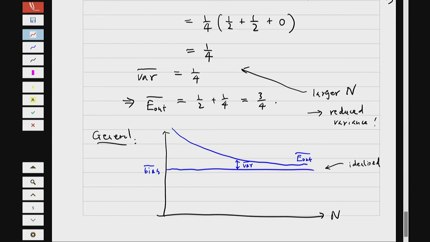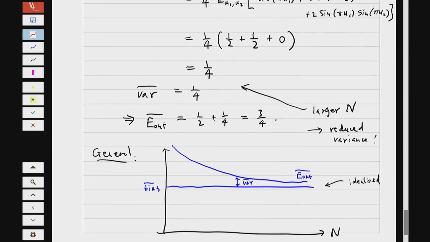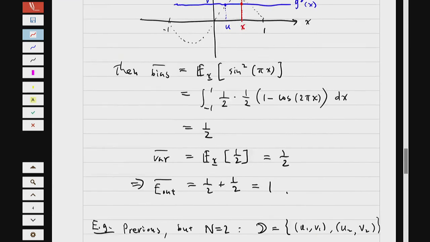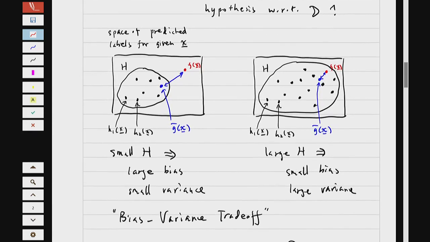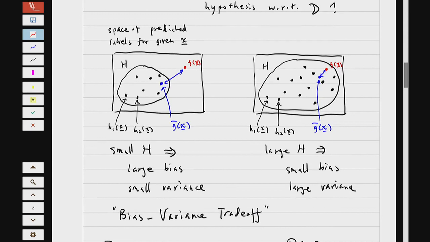Where would the bias and the E out curve be? What do you think? Say a bigger H. Remember our somewhat hand-waving pictorial argument that says larger H will give you smaller bias, but larger variance.